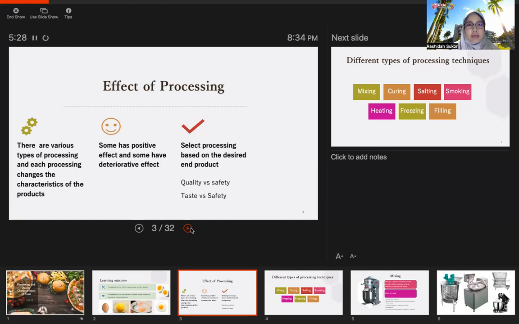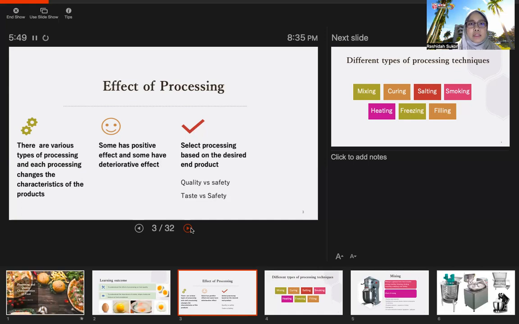However, some also has a deteriorative effect. This is because most food processing used in industry now uses thermal treatment. When we use heat treatment, we know that high temperature will definitely affect some of the nutrients in the food.